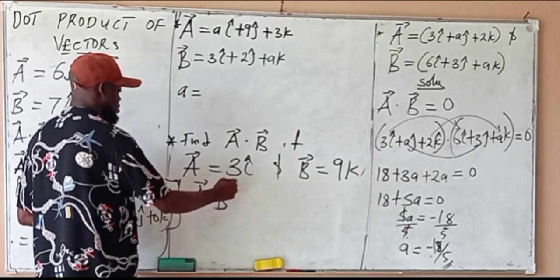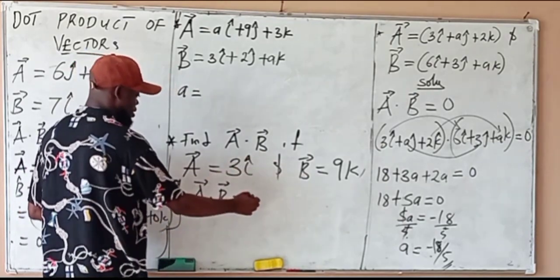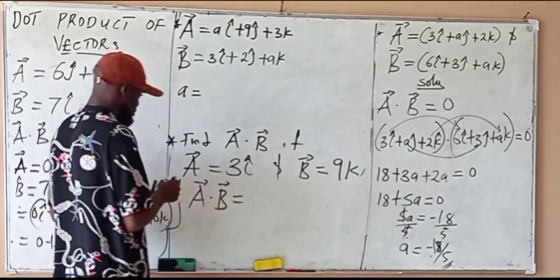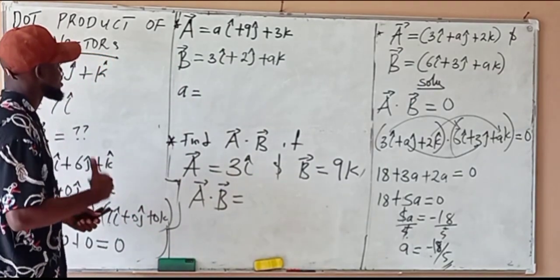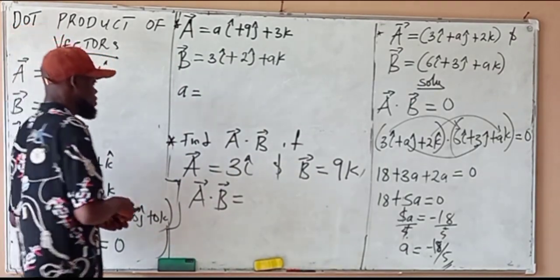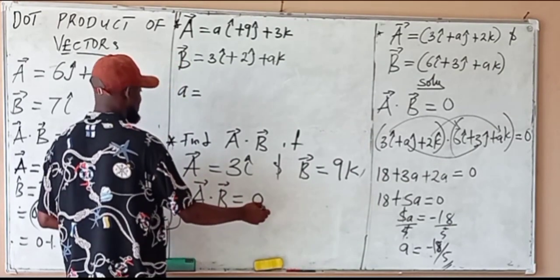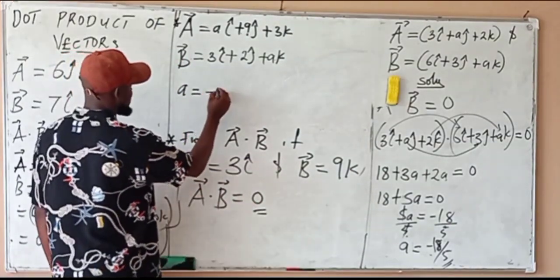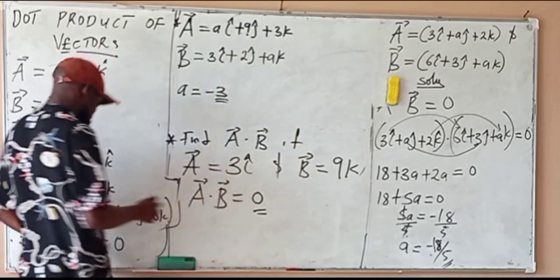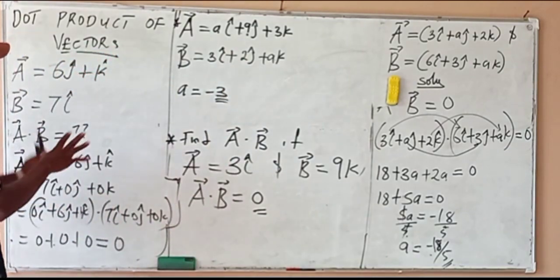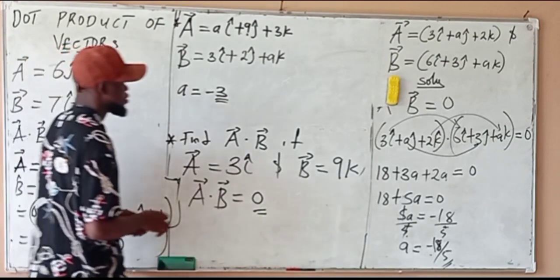Try to see if you get the answer. If you do it very well, you're going to have 0 for this one, and the answer to the first one will give you minus 3. So try to solve these two as classwork.